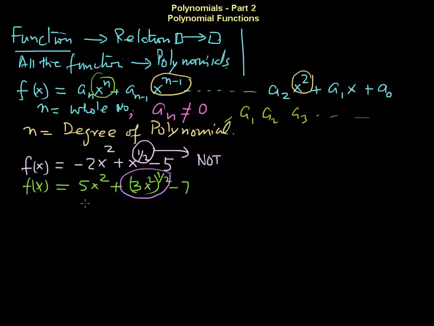We can write this as 5x squared plus 3 to the power 1 by 2 times x squared to the power 1 by 2, and the 1 by 2 with the 2 cancels out. So 1 by 2 into 2 is basically 1, giving x to the power 1, and then minus 7. You see that 3 to the power 1 by 2 is a constant, and this is a variable. So this is a polynomial function. This is good.